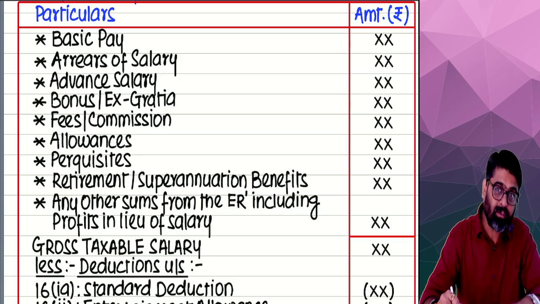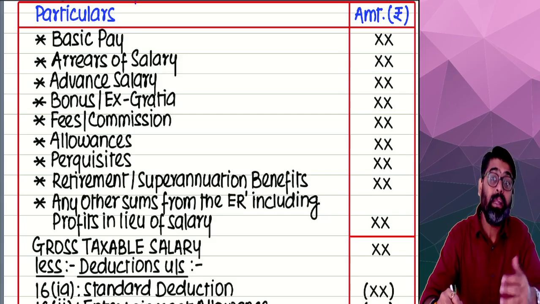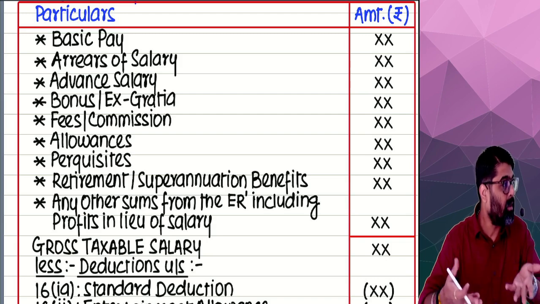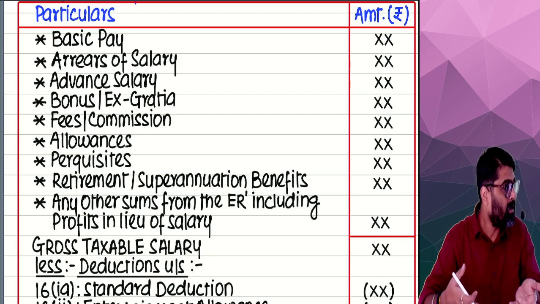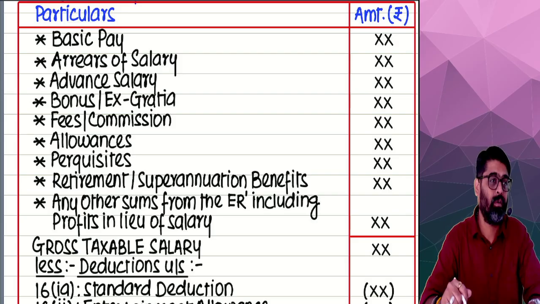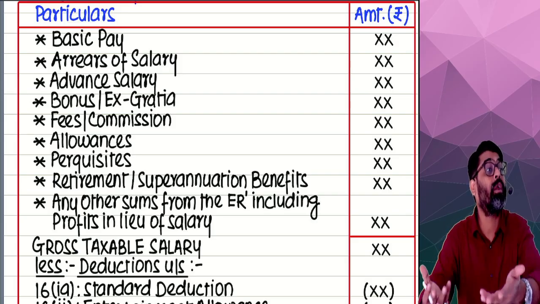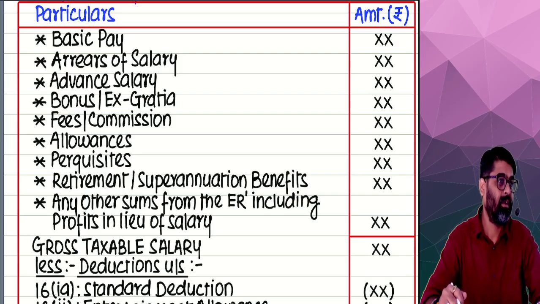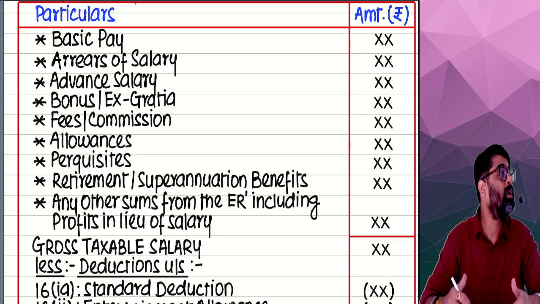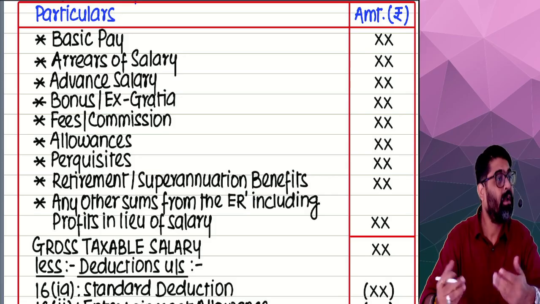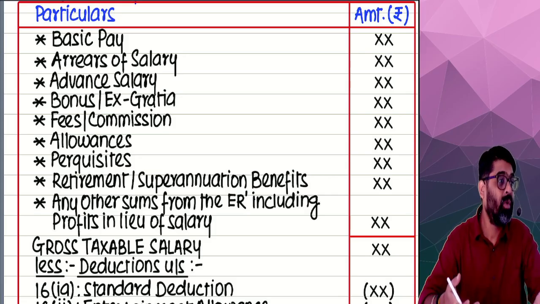Under the Income Tax Act, what is taxable? Income. What is taxable? The amount which is coming to you is not your income, it is your loan which you have taken against your salary. Getting my point? The employer is going to adjust this loan against your future salary, but ultimately you have taken the loan only, no?